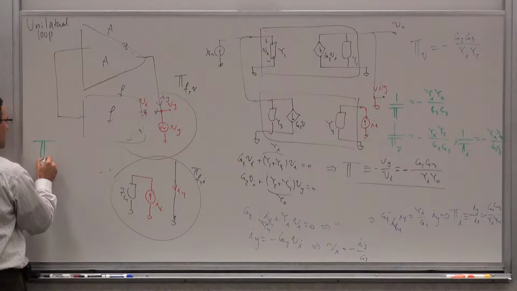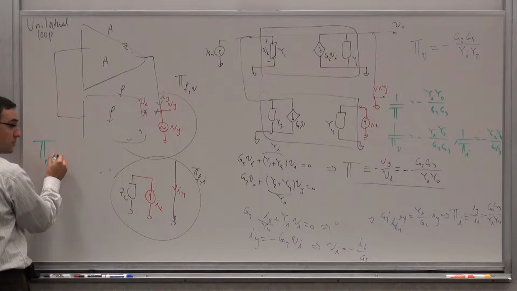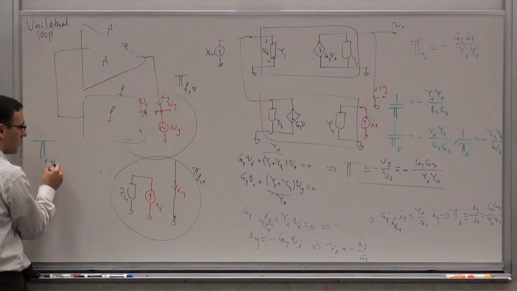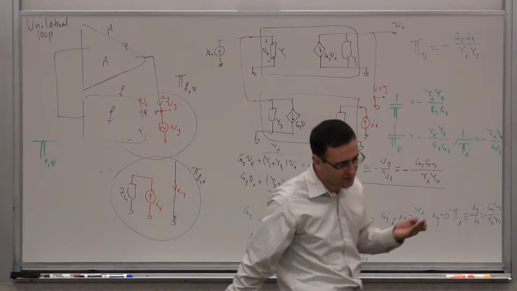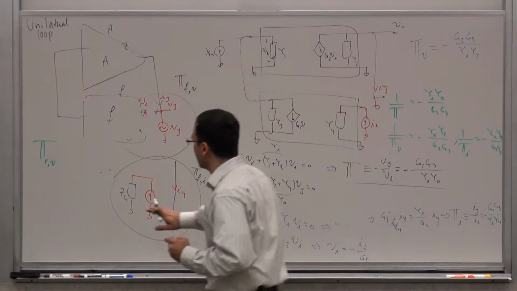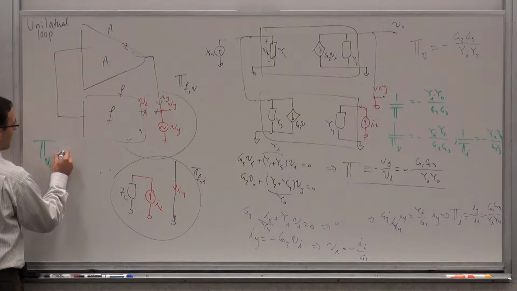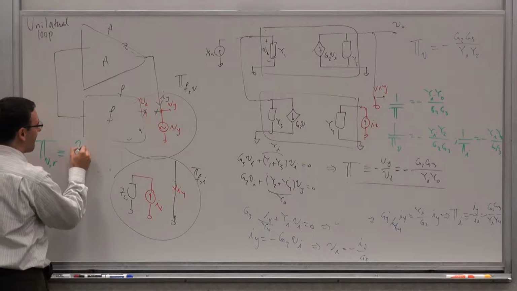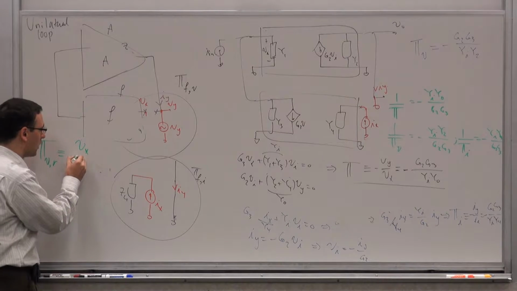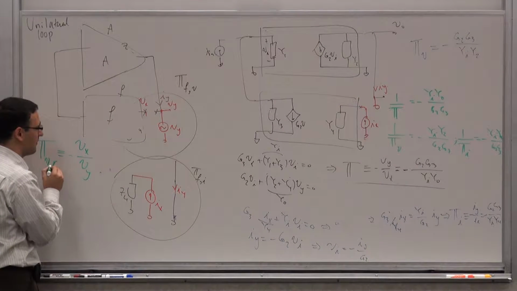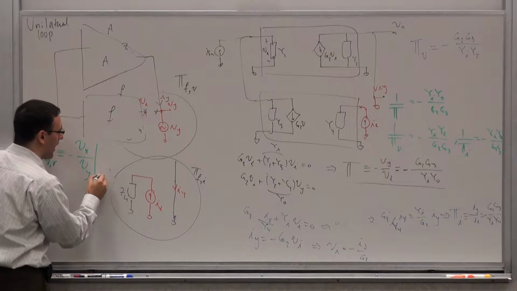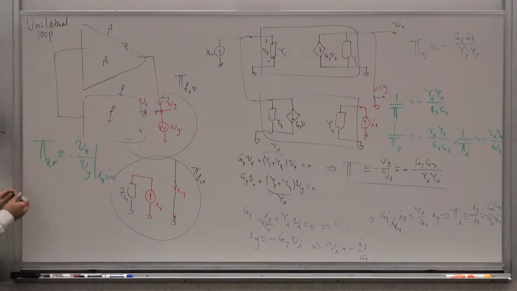So now T reverse for the voltage, TV reverse. It's the voltage loop gain in the reverse direction. It's defined as minus Vx over Vy when Ix is 0.